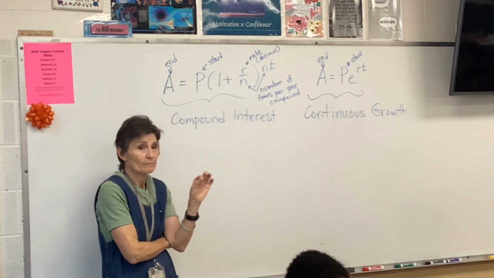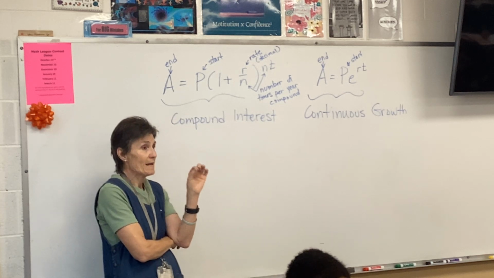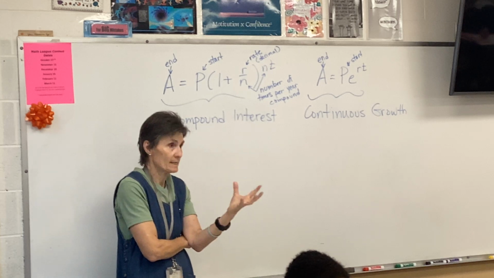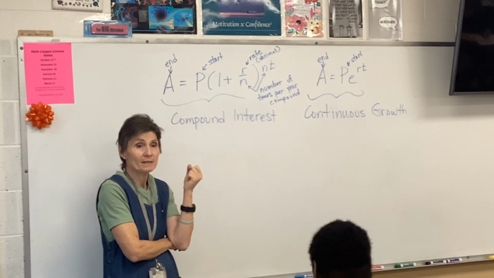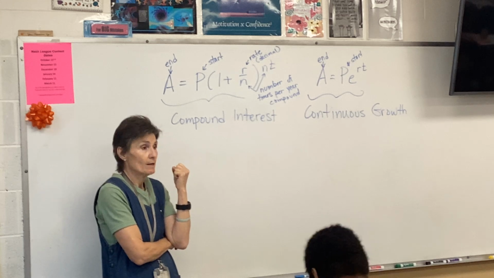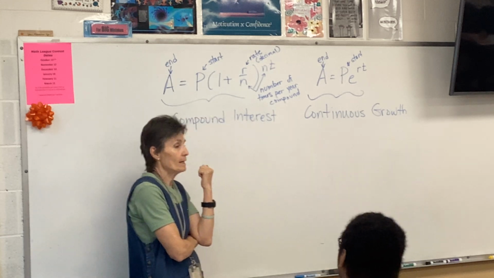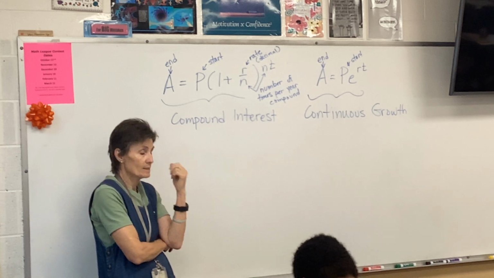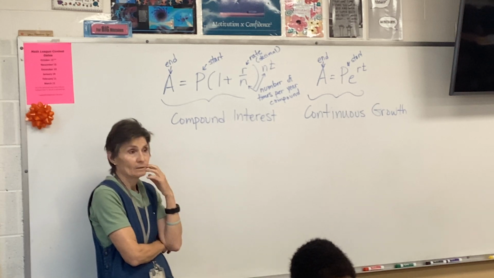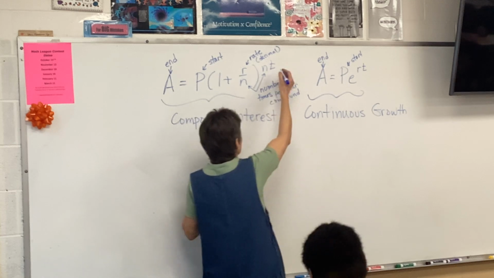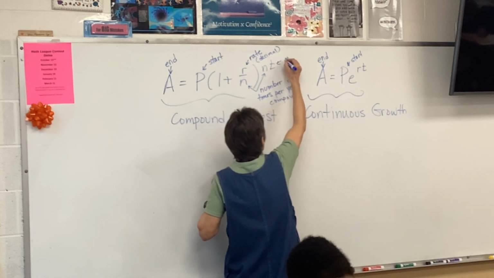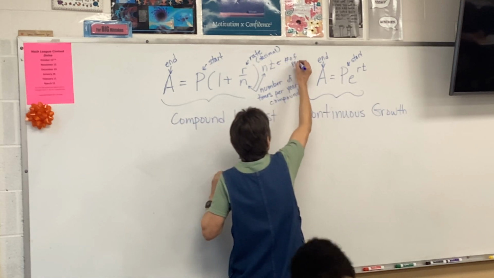So, if your bank compounds monthly, then N would be 12. If your bank compounds weekly, then N would be 52. It's the number of times a year. And then T is the number of years.